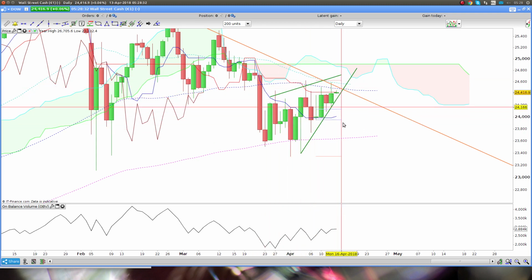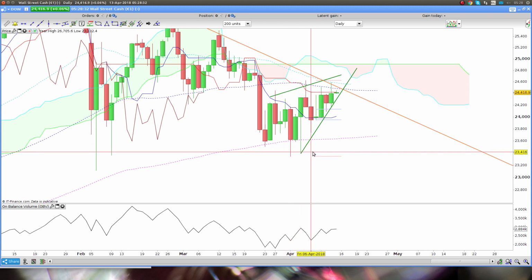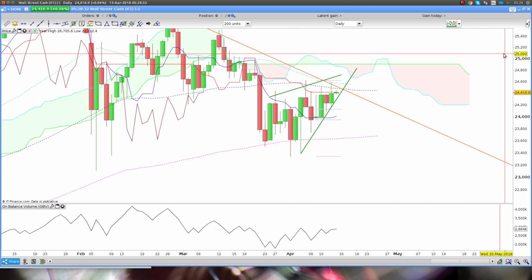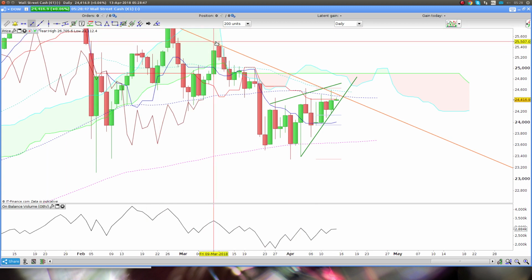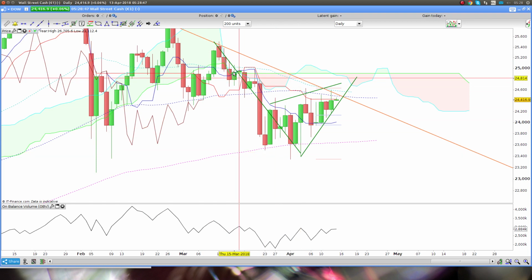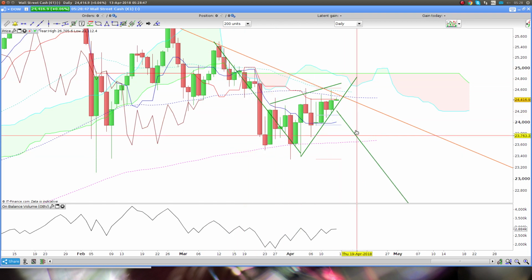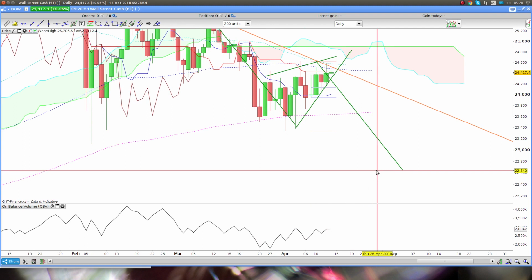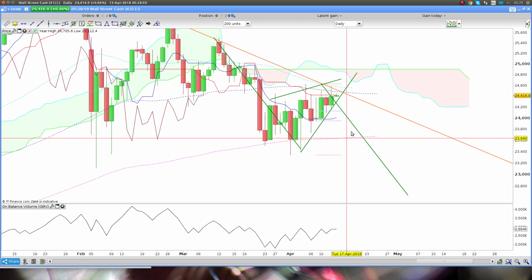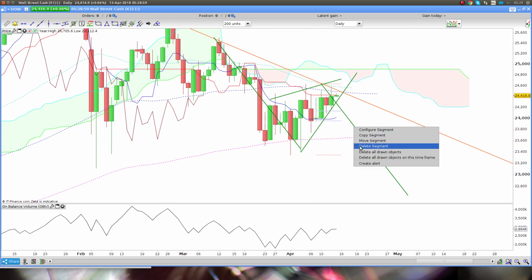A break of this trend line would bring it back to here, or potentially the distance from here to there, and that would take us all the way down to the 22,600 area. So that's kind of the view on the daily.